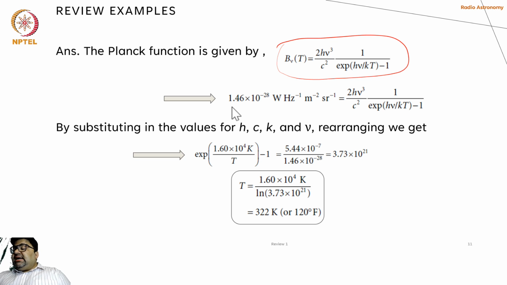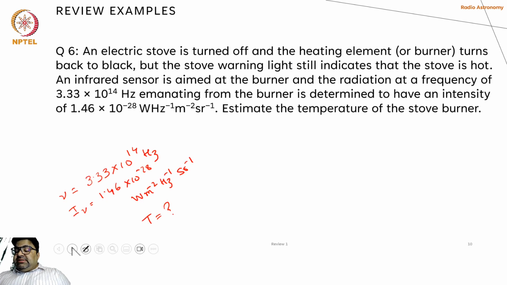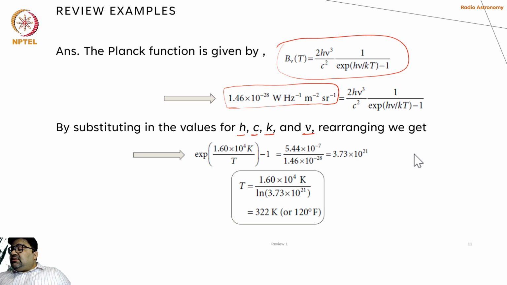So this entire thing is coming out to be 1.46. You have all the other values given. h is Planck's constant, c is the speed of light, k is the Boltzmann constant, and nu is given as 3.33 times 10 to the power 14 hertz.